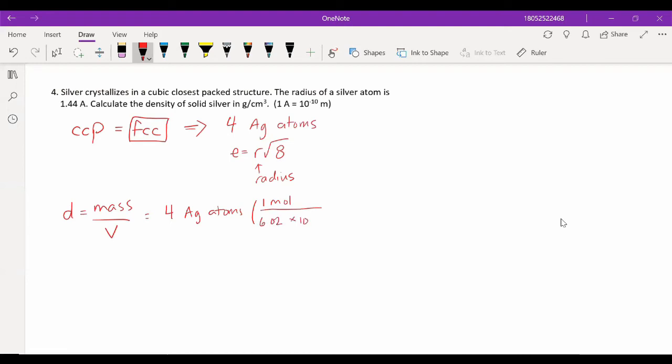So we have Avogadro's number of atoms, and the molar mass of silver, which is 107.9 grams per mole. That'll give us a mass in grams.